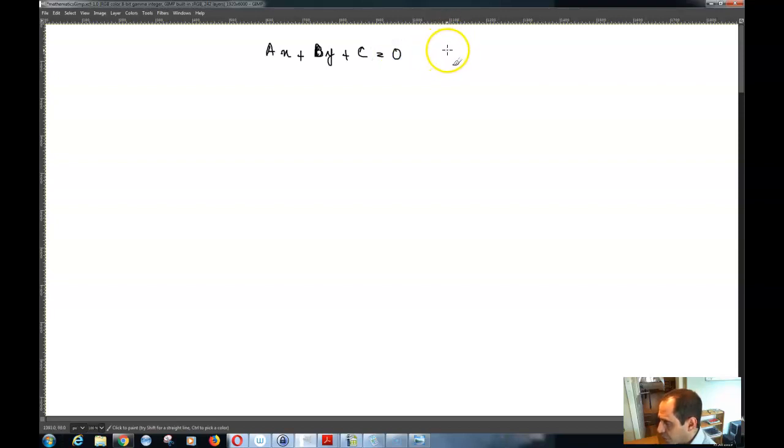This is the general form of the equation of the line.